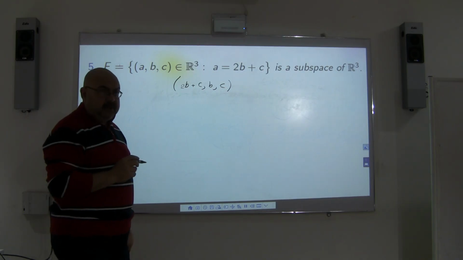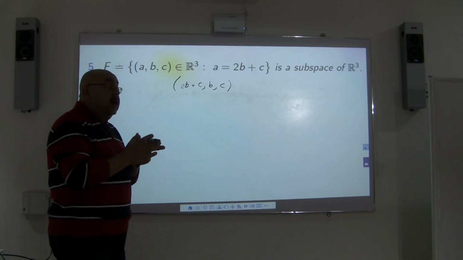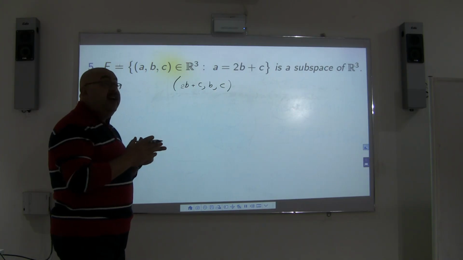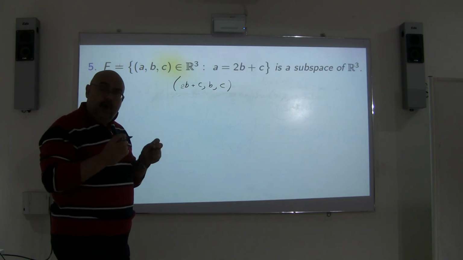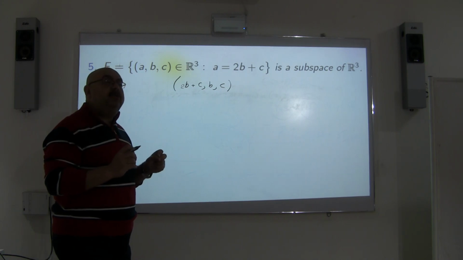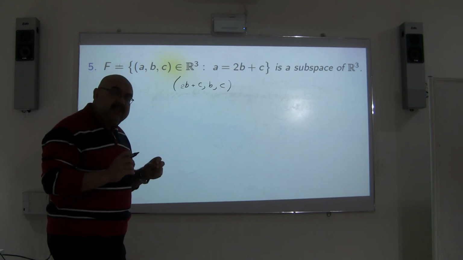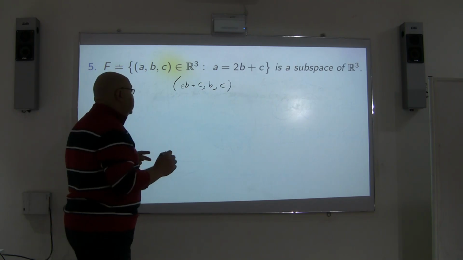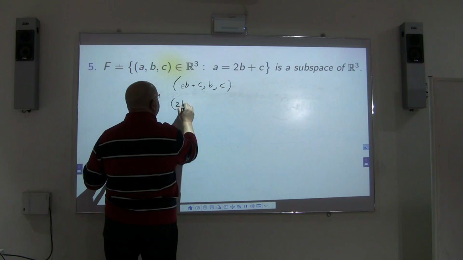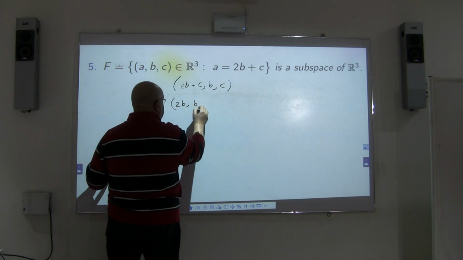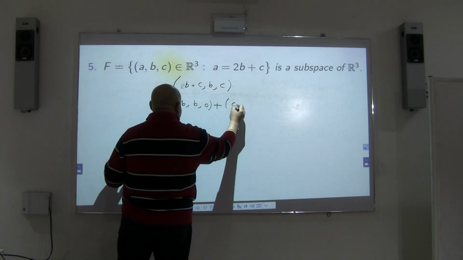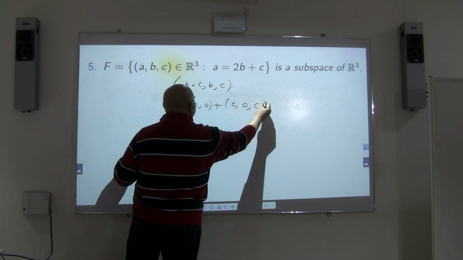I can divide it into two vectors based on the various variables that exist in this vector. Look, it's exactly the same as (2b, b, 0), then I add (c, 0, c).